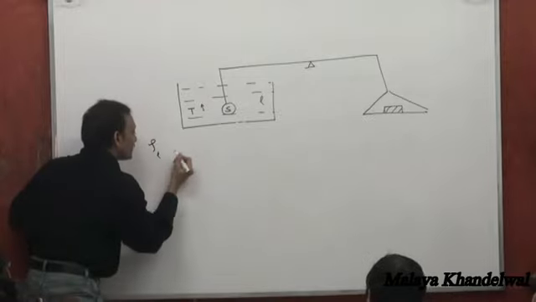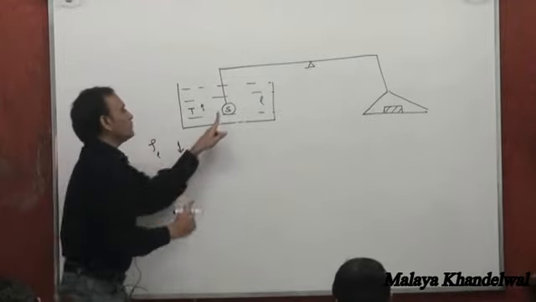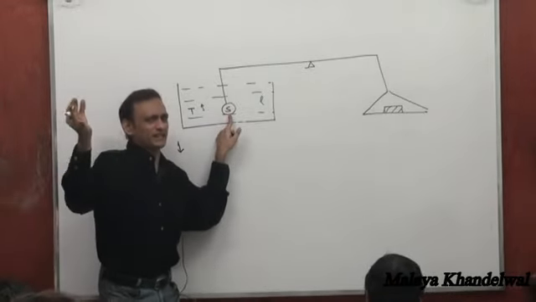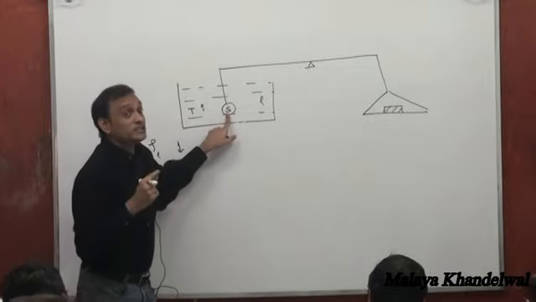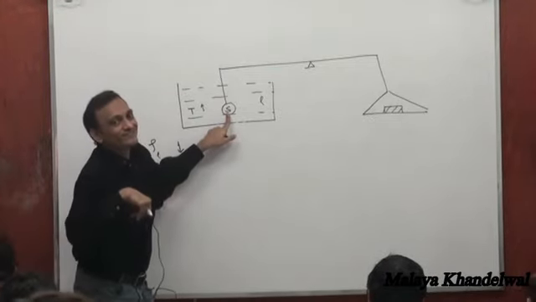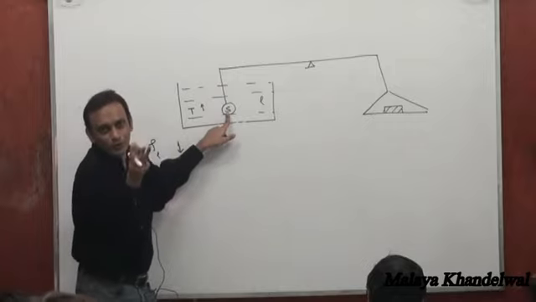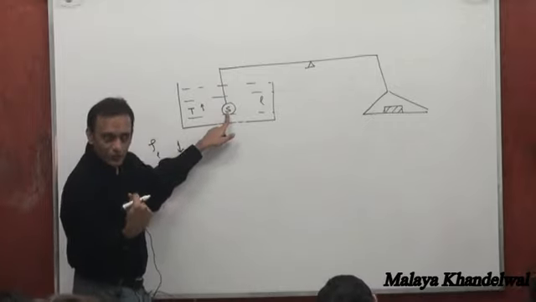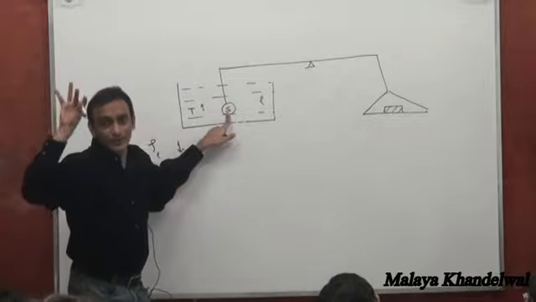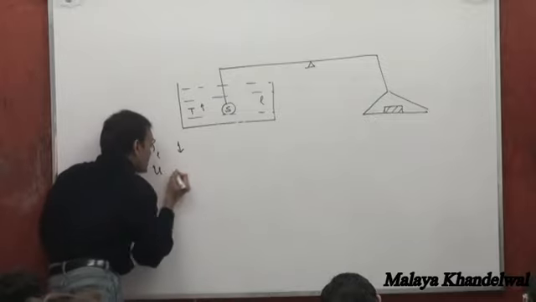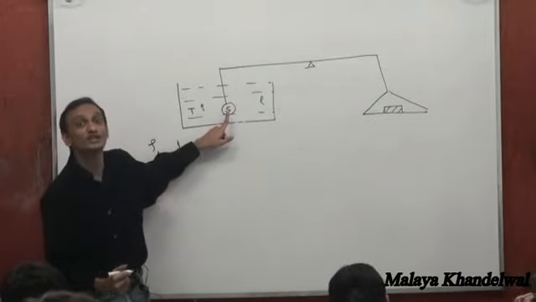Now if the density of the liquid decreases and the volume of the solid does not decrease significantly, the weight of the liquid displaced will decrease because it's displacing the same volume but at a lower density. So the weight of the liquid displaced will be lesser. So the upthrust decreases. The upthrust on this decreases.